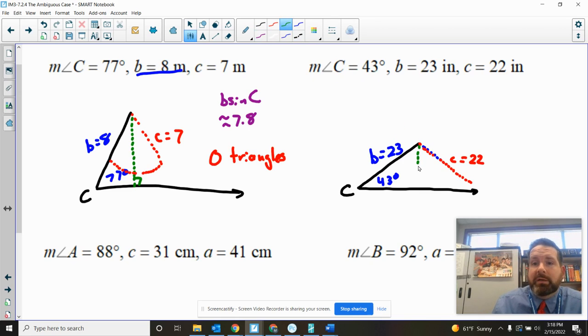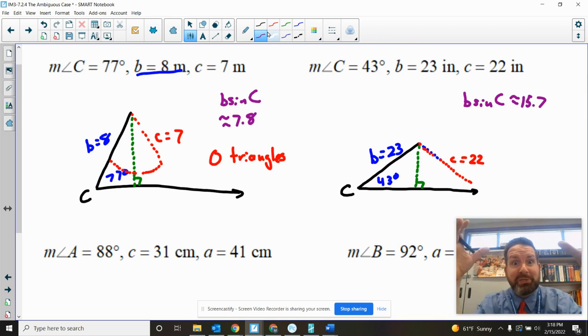I want to compare this side length with this theoretical height. That's going to again be B sine C. So if we do 23 sine 43 degrees, that's about 15.7. Okay, so this is falling in that special zone.